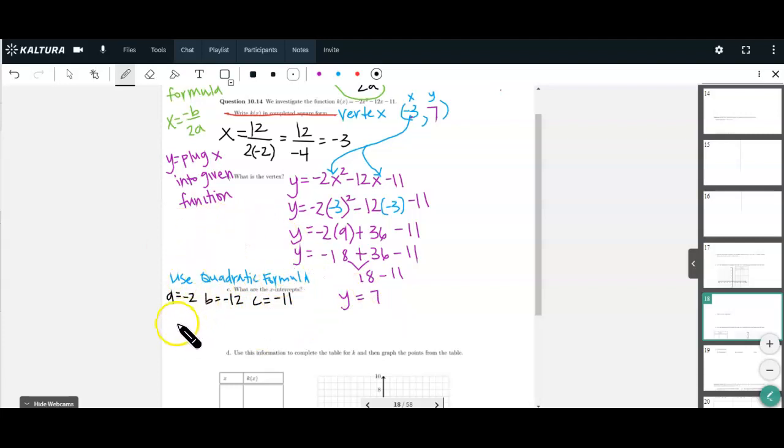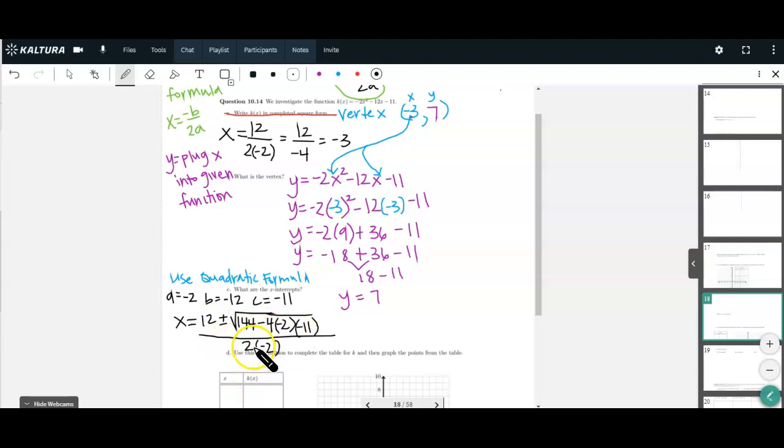I'm just going to go through this quickly. We've done a little bit with the quadratic formula, but I want to make sure we get to one other thing. So I'd have x equals 12 plus or minus the square root of -12 squared, so that's 144, minus 4 times -2 times -11, all over 2 times -2.